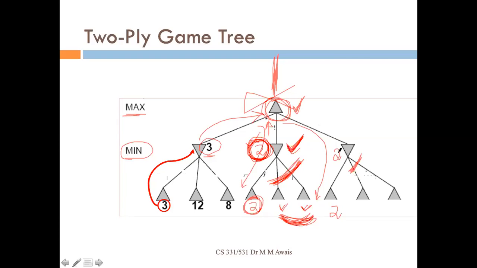So suppose if here it was 1, it would still be 3 here. If here it was 0, it would still be 3 here. If here it was -1, it would still be 3. Okay, so as soon as you get a value less than 3 at a terminal node, you can prune away the other parts. Pruning other parts would mean that you don't really need to evaluate the others.